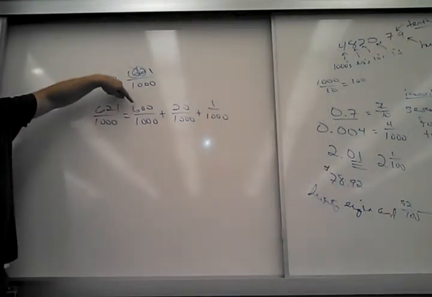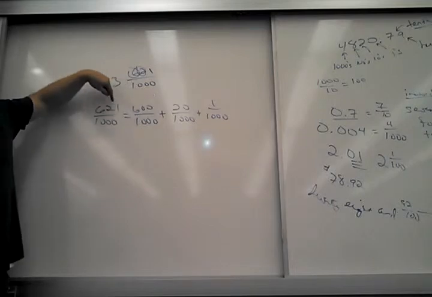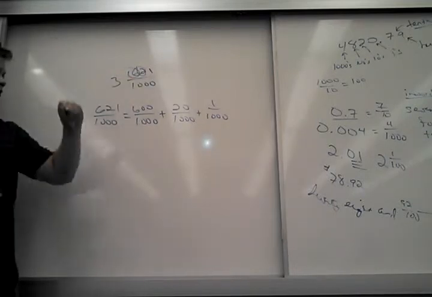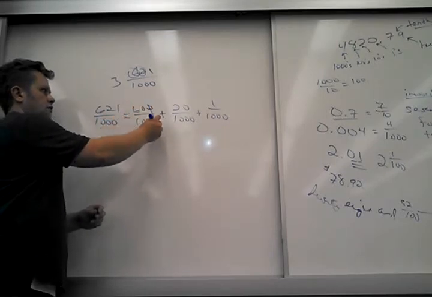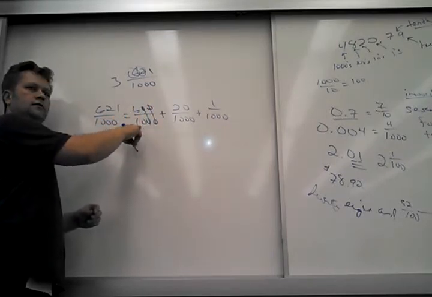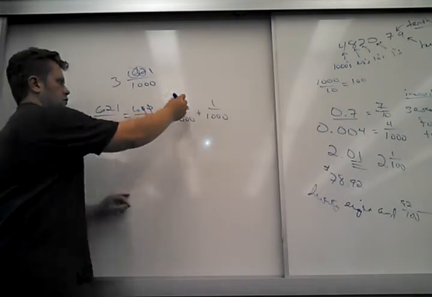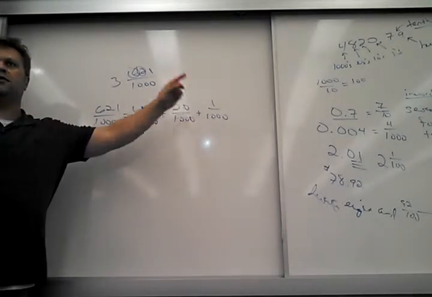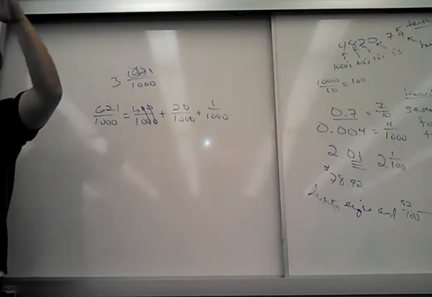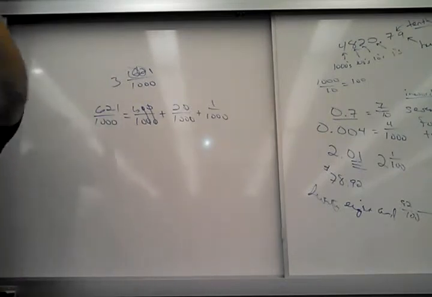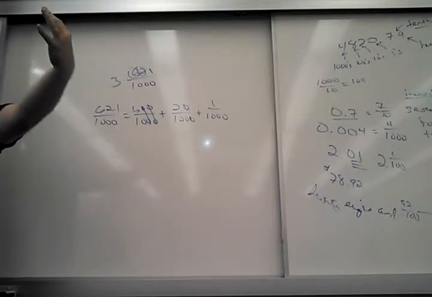Isn't that 600 plus 20 plus 1 all over 1,000? You with me? So what happens here? Isn't that 6/10, like you know it's supposed to be? And that's going to be 200s, like you know it's supposed to be, and that's going to be 1,000, like you know it's supposed to be. So that's why it works, to always look at the last number, and wherever that guy is is the way you say it.